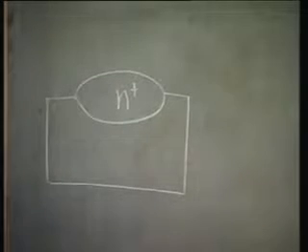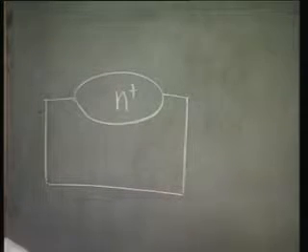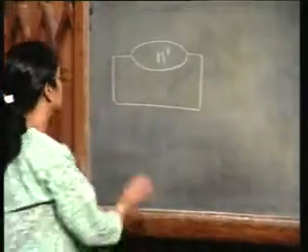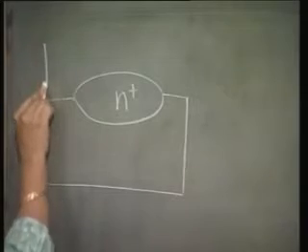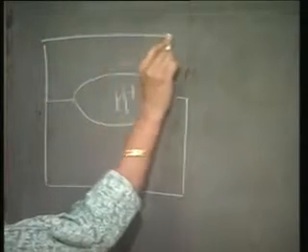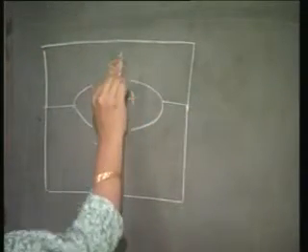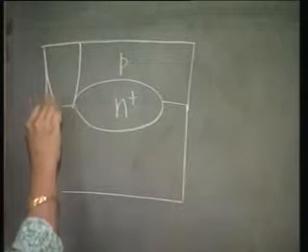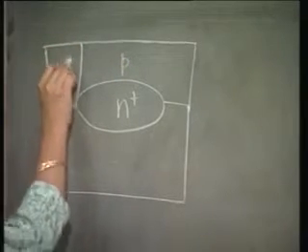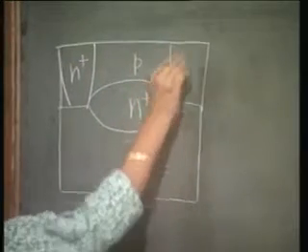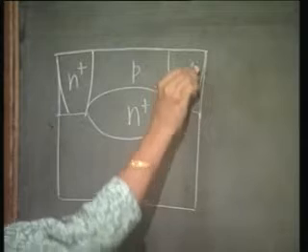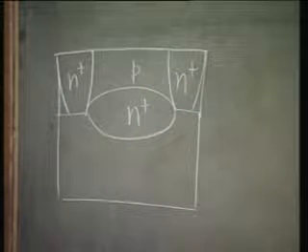Now, instead of having an N epi layer, you have a p epitaxial layer. And then you diffuse N plus.